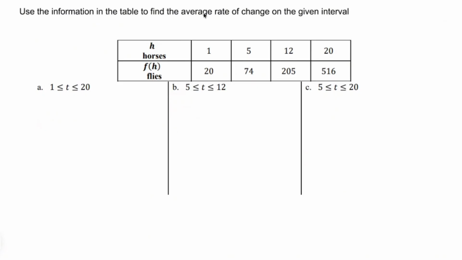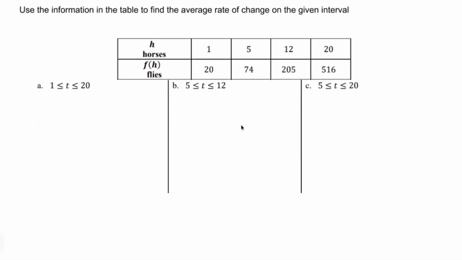All right. So this is how we're going to end the day. Use the information in the table to find the average rate of change on the given interval. So let's do different colors here. And for all of them, we're going to do f of b minus f of a over b minus a.